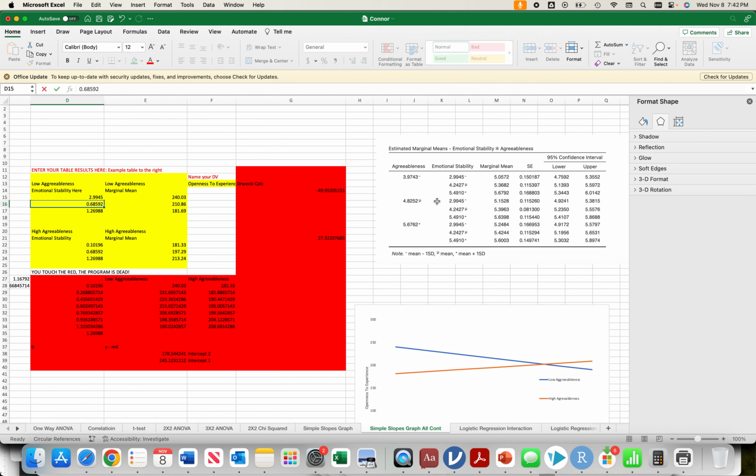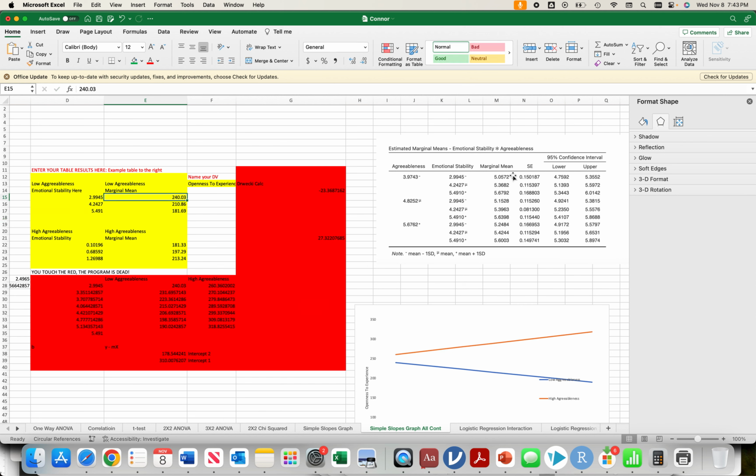And then I put 4.2427, and then I put 5.4910. So I'm just putting these three numbers right here. And I made a little typo, so watch your typos. It happens. And then I look at my marginal means.